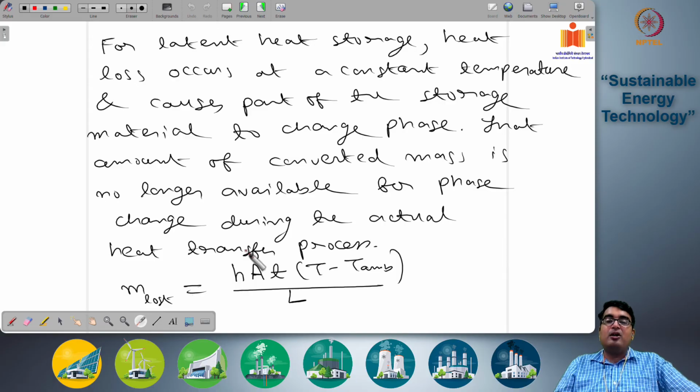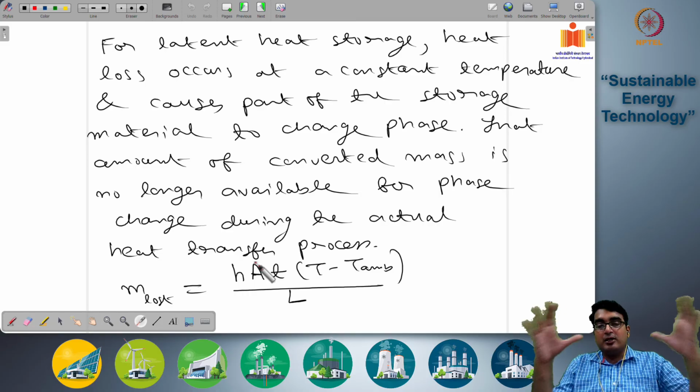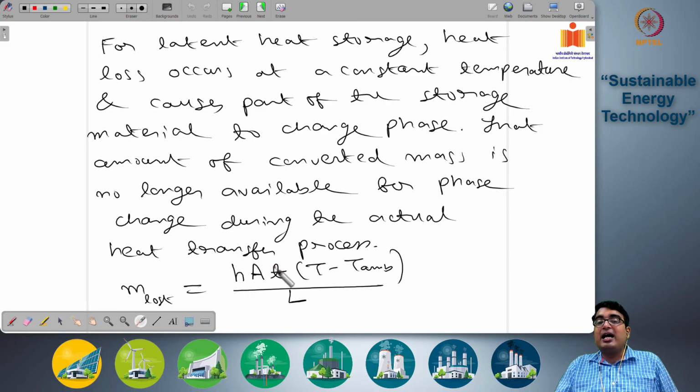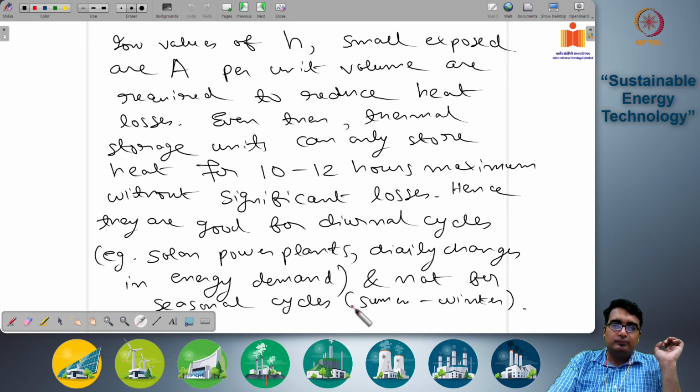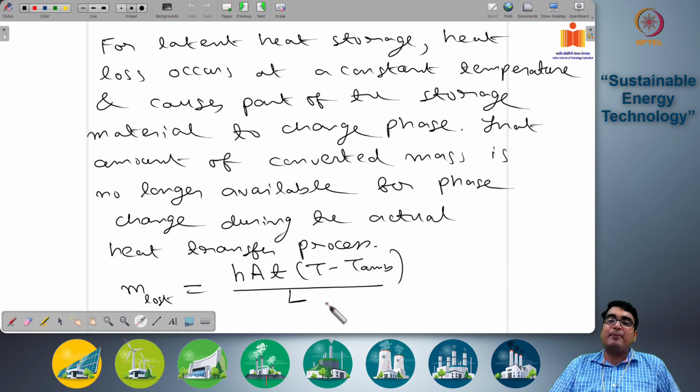And the amount of mass loss can be given by, again, the heat transfer coefficient H times the outer cross-sectional area times the total time elapsed between the initial time and the final time at which you are measuring the mass loss, times T minus T ambient, the temperature of condensation or temperature of solidification, that temperature of phase change minus the ambient temperature, which is the effective temperature gradient, divided by L. Where L is the latent heat capacity of the system.